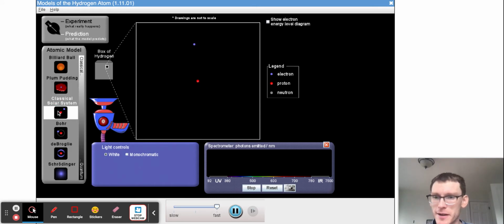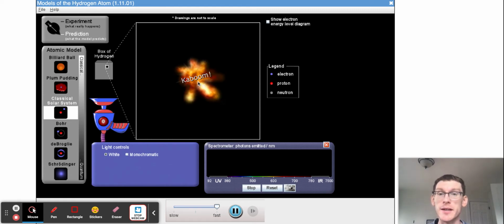Here we go. The electron is spinning around and around, and its radius gets smaller, and eventually it just crashes into the nucleus. And this makes a lot of sense because the electron is attracted to the nucleus, electron being negative, nucleus being positive. And this is a failing of Rutherford's model.